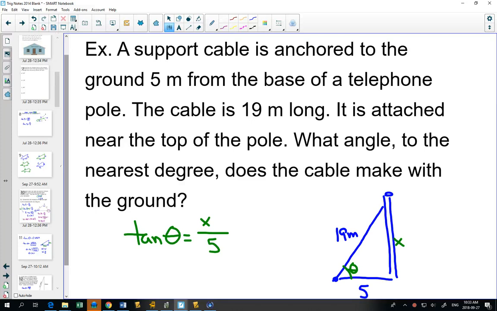Because then I could use tangent. Are there any options other than quitting and dying? A squared plus B squared equals C squared. That does sound a little bit better than dying.